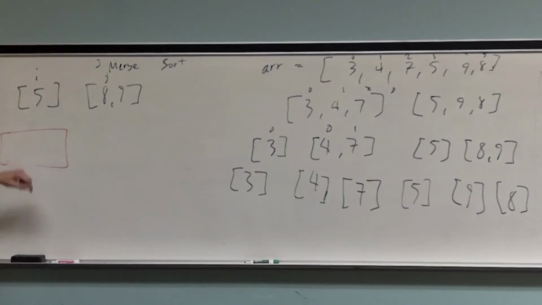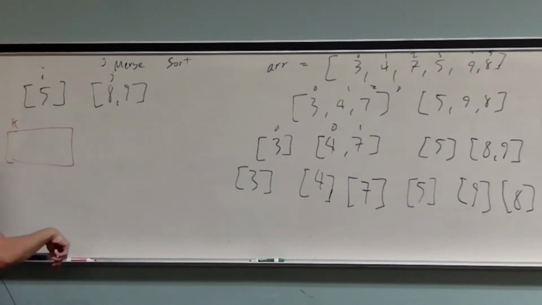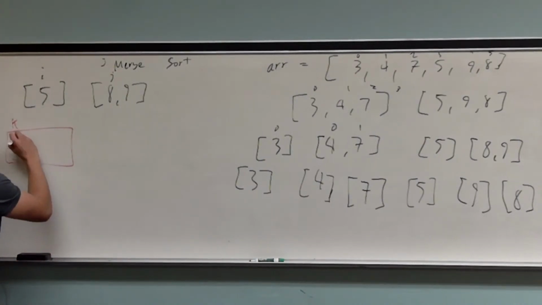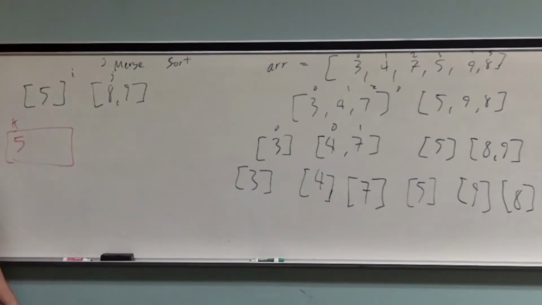So now we compare, right? Which one's smaller, I or J? Okay, I. So I goes outside. So we're done with this one.